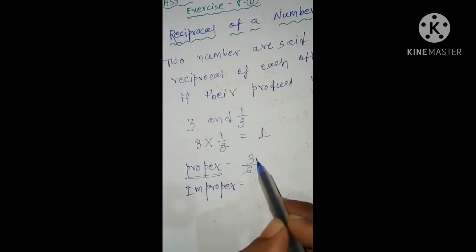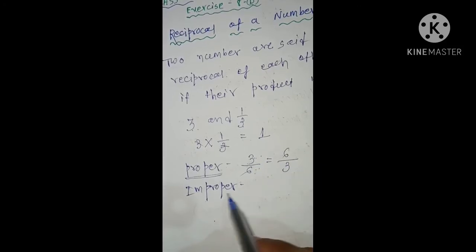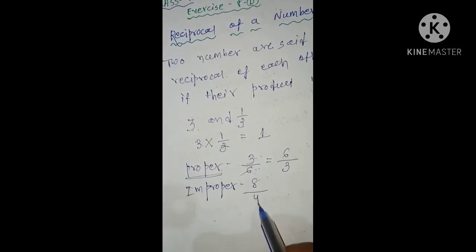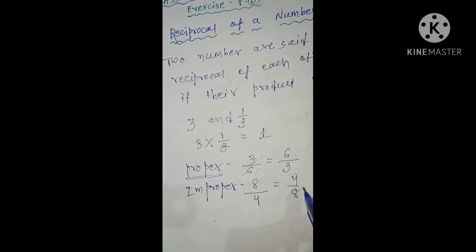The reciprocal of 3 by 6, what will it be? This one will be top, this one will be bottom. Then 6 by 3 is the reciprocal of 3 by 6. Similarly, for an improper fraction 8 by 4, the reciprocal will be 4 by 8. Simply, for the reciprocal of any number, we just interchange the value: the top one will be bottom and the bottom one will be top.